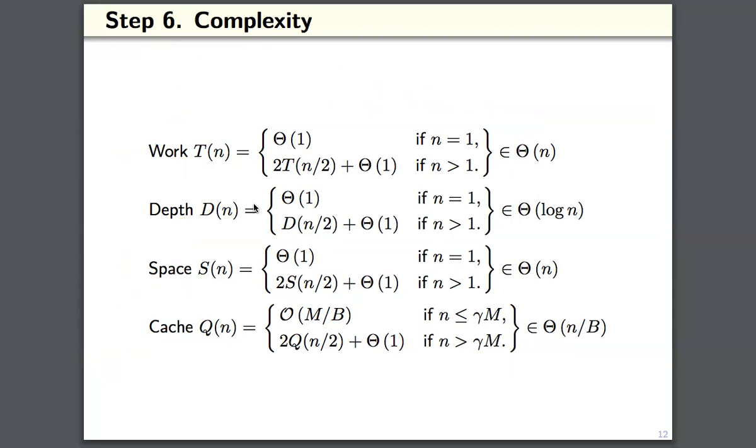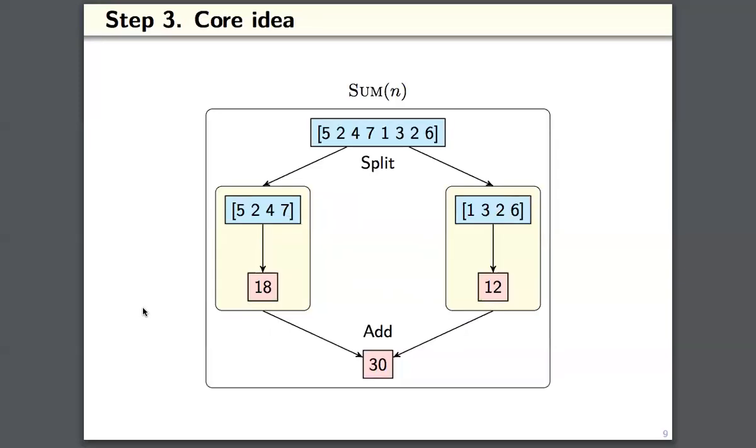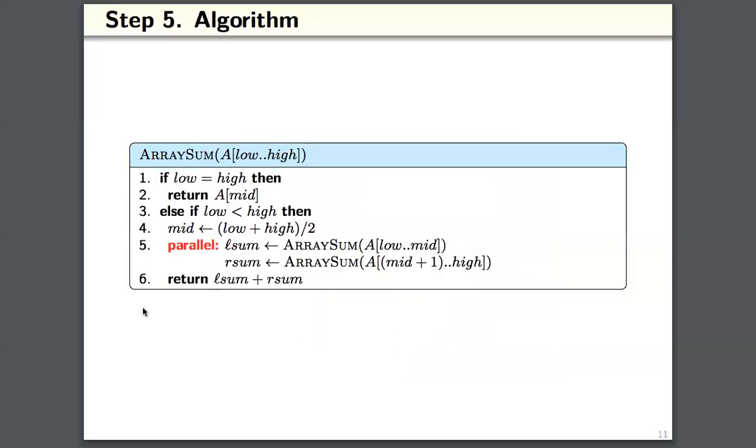And let's see, how did we get this? Let's look at this pseudocode. The work, let's consider this as T of n. It recursively calls the first subproblem of size n by 2, and it also calls another subproblem of size n by 2, correct?